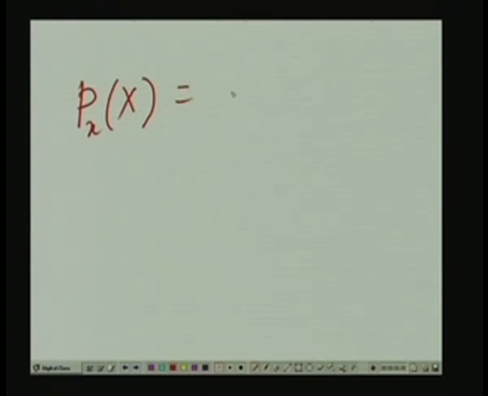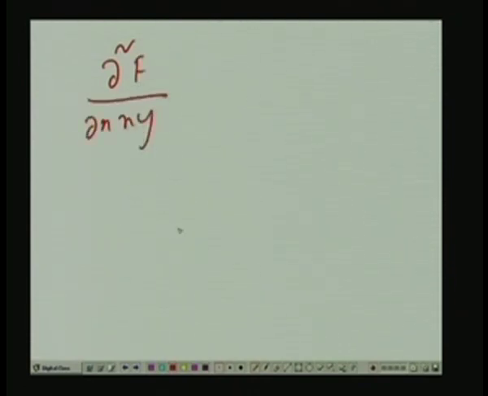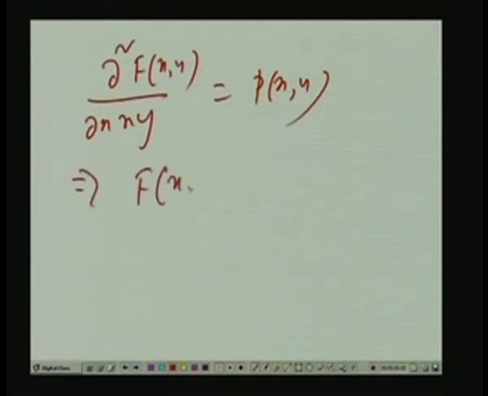By the way, I forgot to mention one thing. So, it is very clear, we should always at least write it out. We have seen that del square F by del x del y is P x y, where x and y are any general variables now.